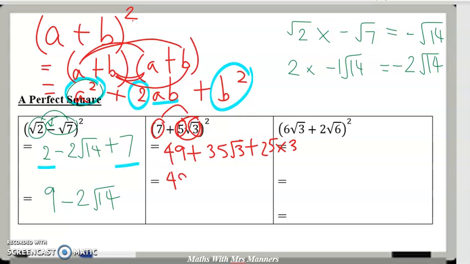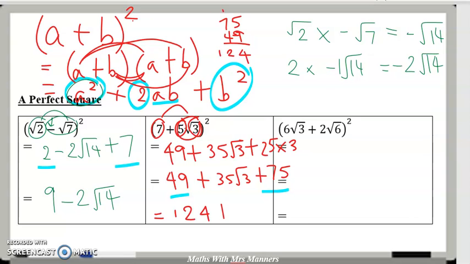So I'm going to start tidying. So I've got 49 plus 35 root 3. And 25 times 3 is 75. And then I'm going to combine the terms that I can. So 49 and 75, what's that going to give? It's going to give me 124, so we're getting 124 plus 35 root 3.